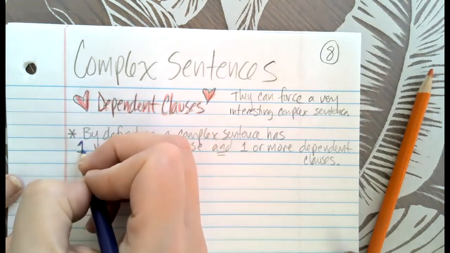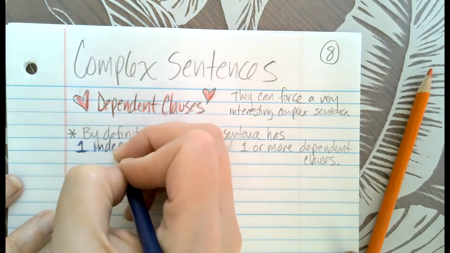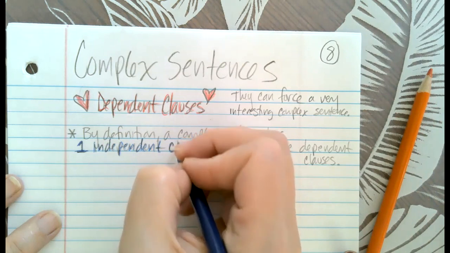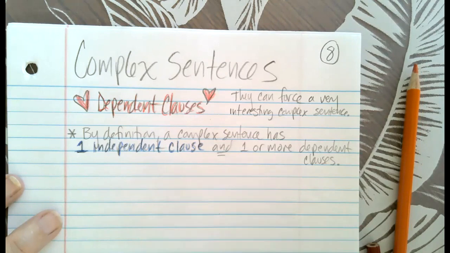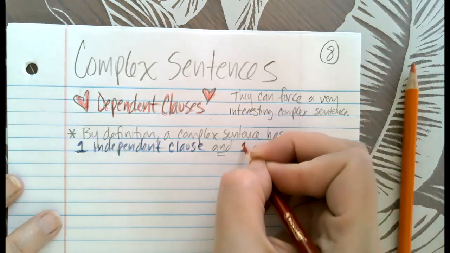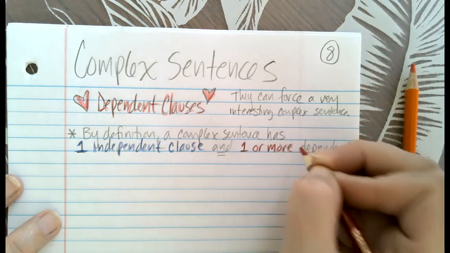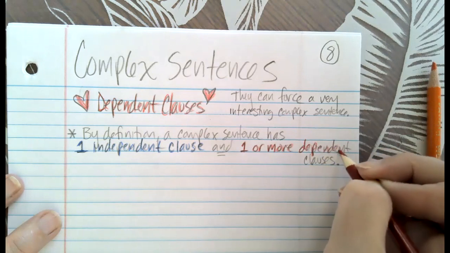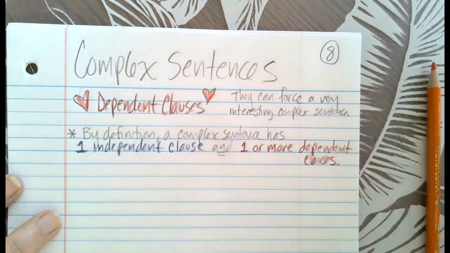We're going to turn this blue. Okay. And it has one or more than one. It has to have at least one dependent clause. Gosh, I tell you, sometimes when I go over that, it makes it look really messy.